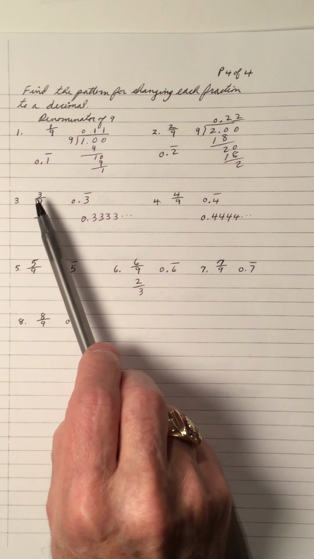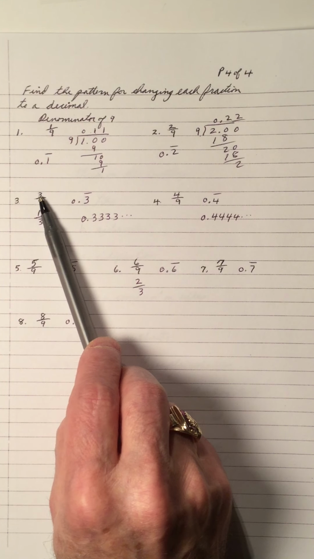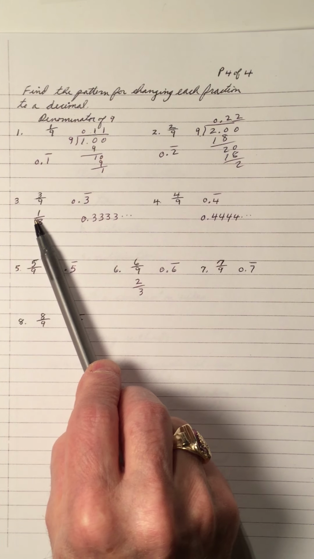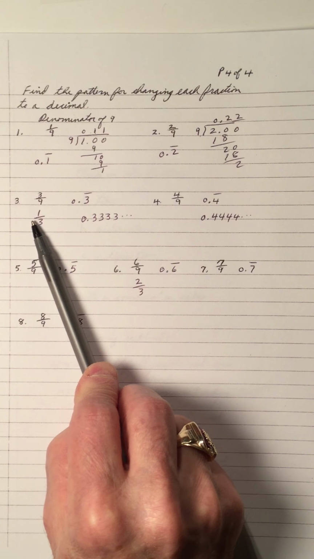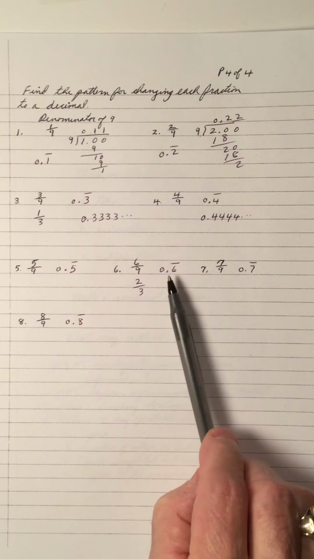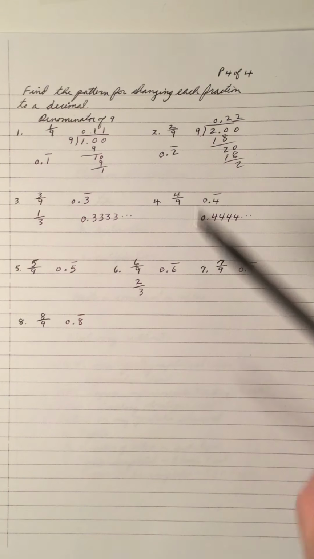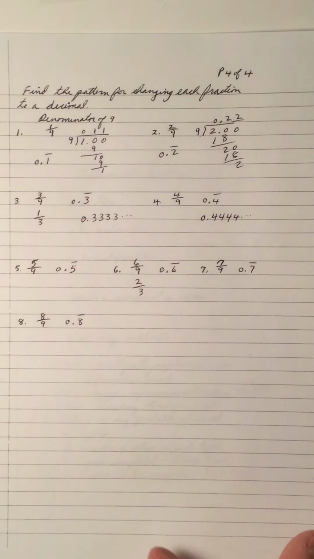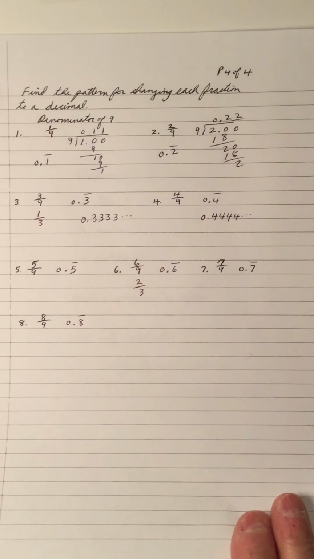And especially 3/9 is 1/3. 1/3, memorize, it's decimal 333. 2/3 is decimal 666. So that's a pattern for a denominator of 9 that I have memorized.